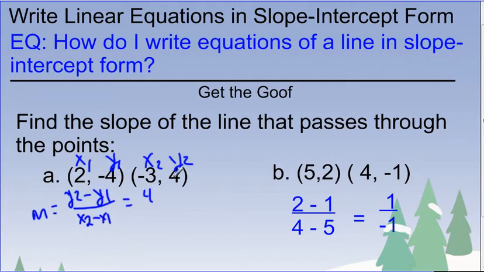So we'd get 4 minus negative 4 over x2 minus x1. That gives us 8, keep, flip, change, over negative 5.